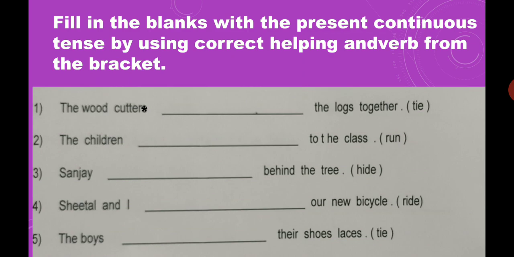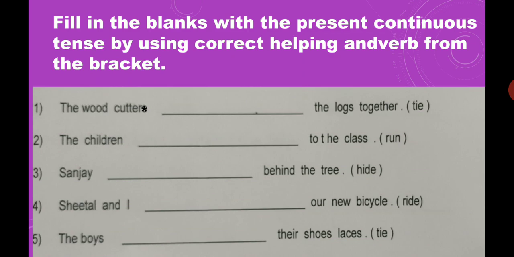So let's start. The first is, the woodcutter dash the logs together. Logs means wood. So what will be the answer? What will be the helping verb? Woodcutter. How many woodcutters are here? Only one. So what will be the helping verb? Is. And what is there in the bracket? Tie.